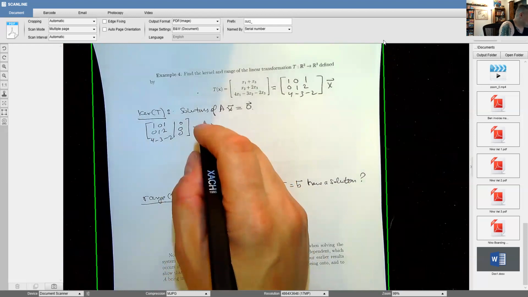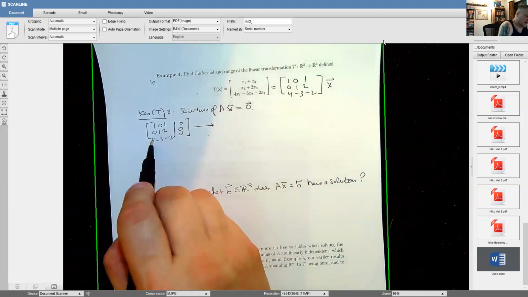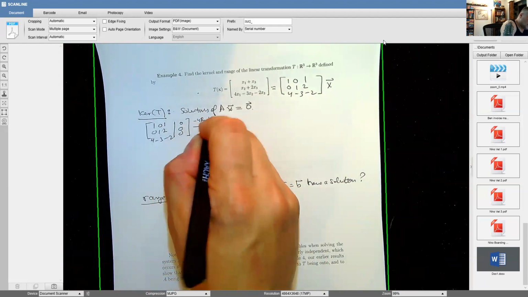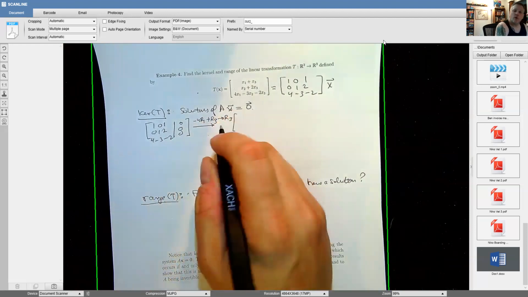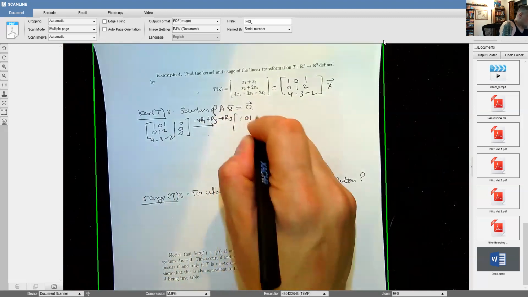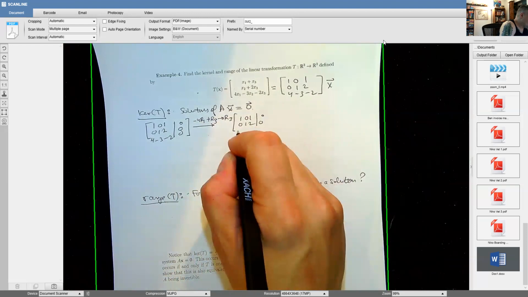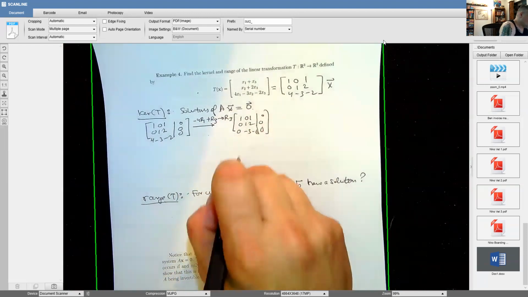All right, so to do that, we already have a 0 here, so we want to put a 0 there. And so we're going to multiply R1 by -4, add it to R3 and put it into R3. But in so doing, we're going to leave rows 1 and 2 alone. All right, so we get 1, 0, 1, bar 0, 0, 1, 2, 0, and 0, -3, -6, 0.